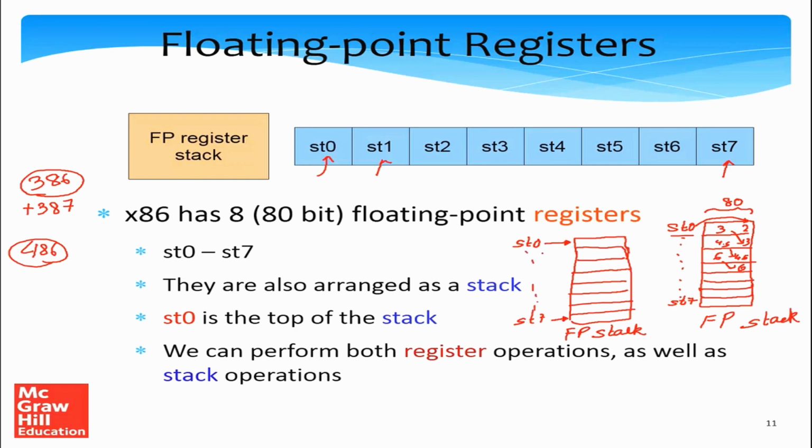So essentially it's not a register in a registered sense. It's only something which tells you that for, let's say, ST3, the third position from the top of the stack or the fourth position in the stack, what is the value? So you can think of it as a numbered stack where it is possible to access the elements of the stack given its position from the top.